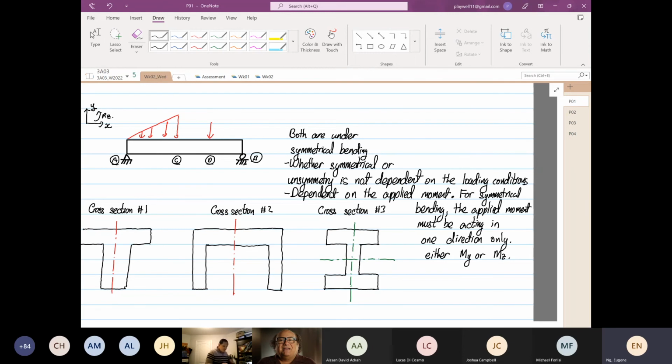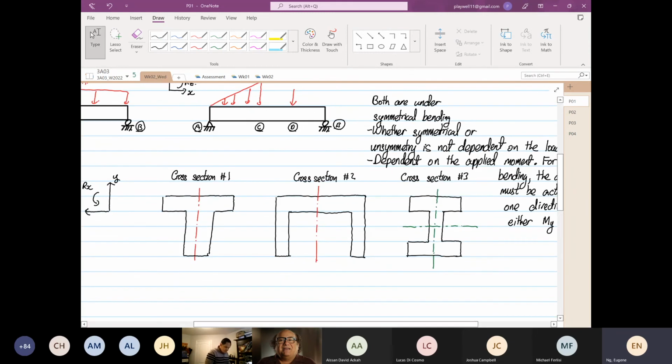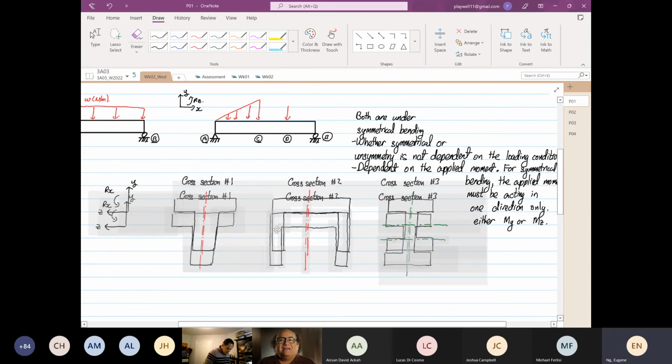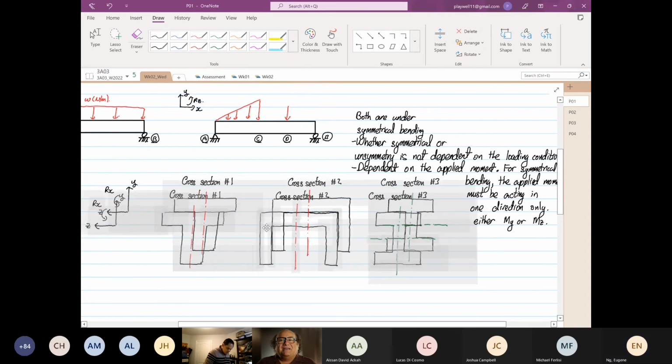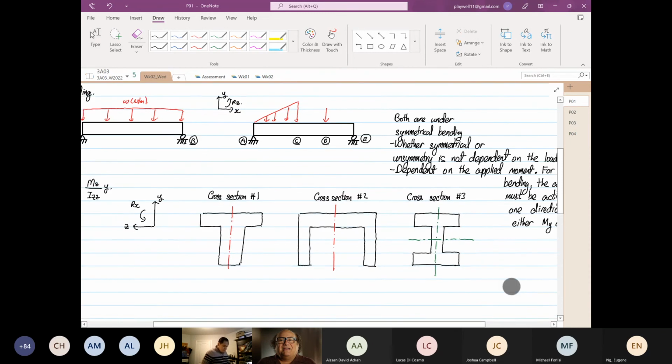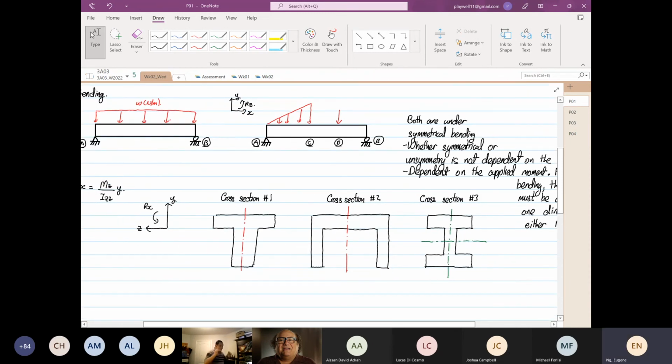Okay, now next question is this. Now I give you, let's imagine, the both above loading condition have three cross-sectional areas.